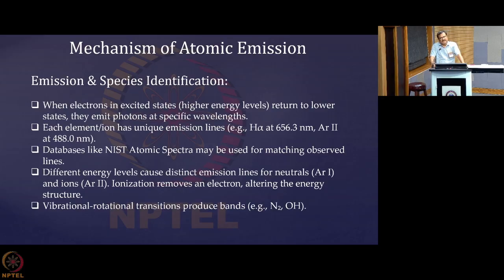So you can get ionic lines as well as atomic lines, and ionic lines will allow you to identify the ions, whereas atomic lines will allow you to know the neutrals which are present there. And if you are getting these ionic lines, you are almost sure that the species are getting ionized, because otherwise you will not get the ionic lines.